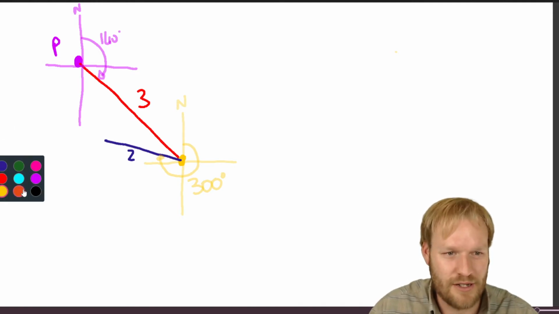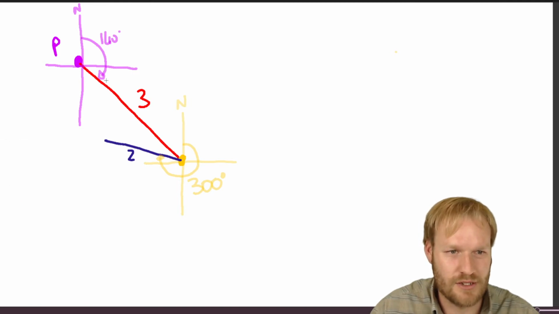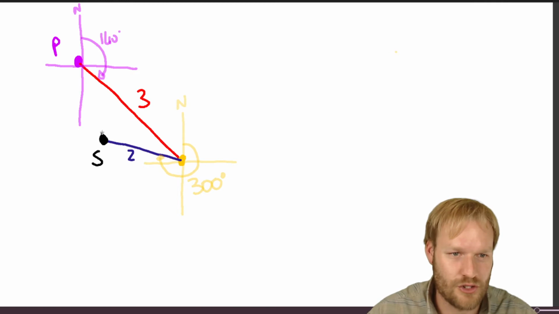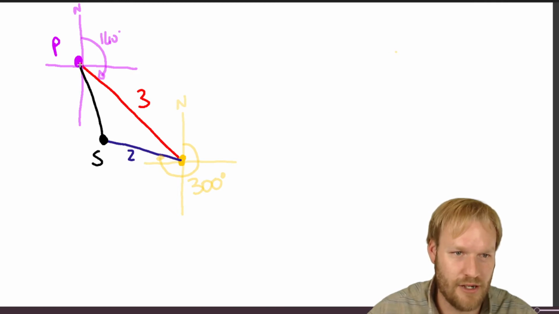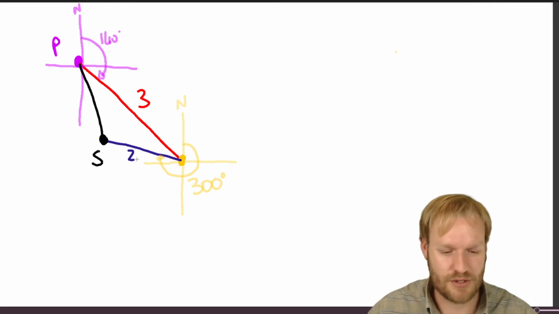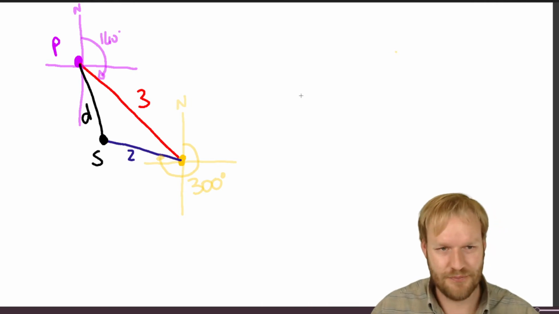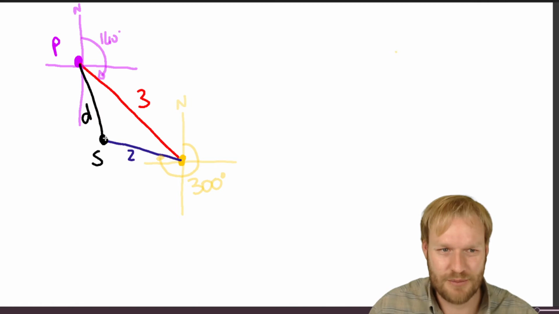And to finish off, what we need to work out, let's do this in black, so the ship is now sitting over here. Here's our ship, and we're seeing how far away it is from port. So let's call this distance D. There's our ship sitting in the middle of the sea.